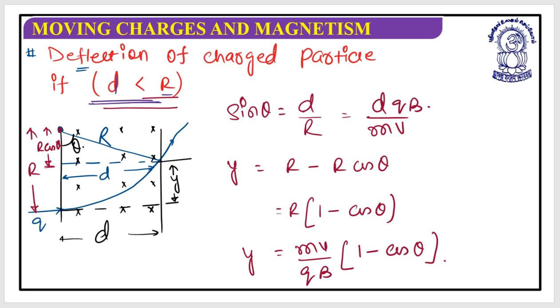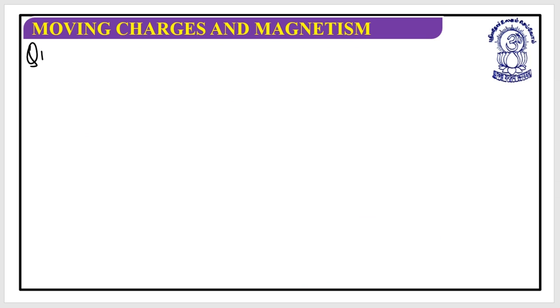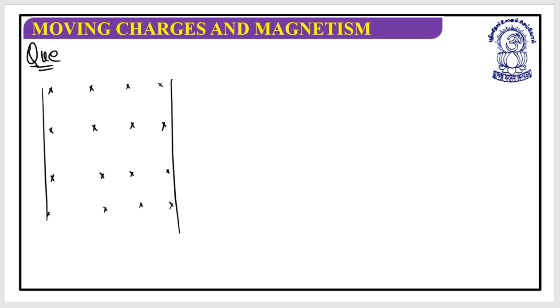Let's work through a numerical and you will find it. Let's suppose this is the magnetic field, and this d is equal to 2mv by qB.